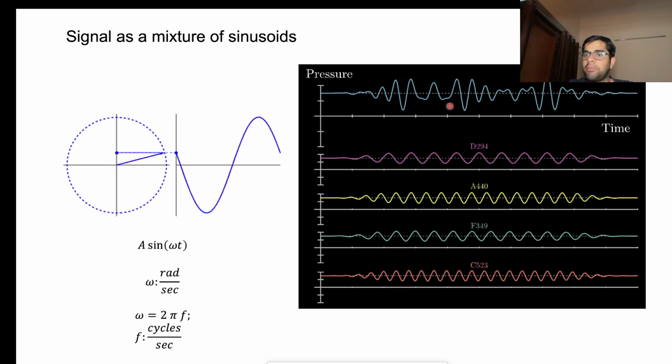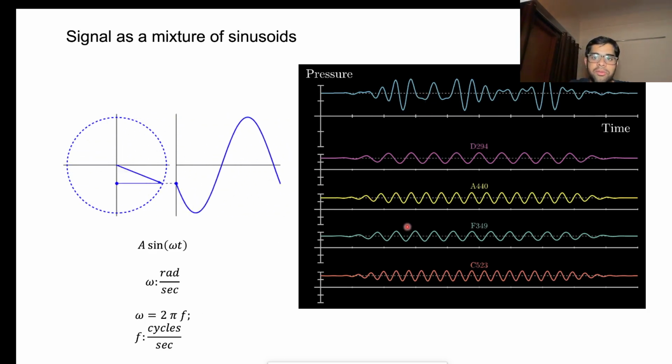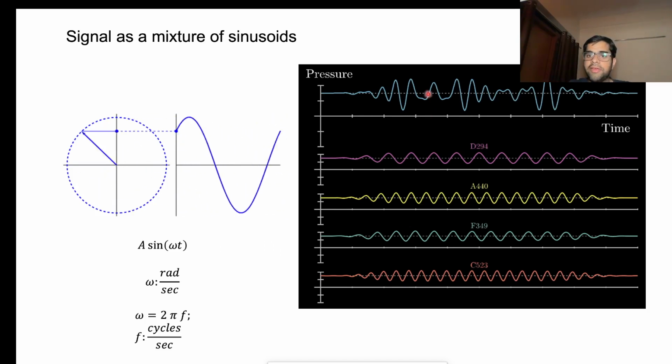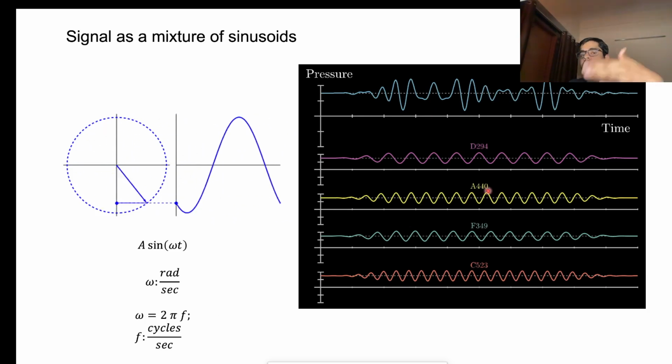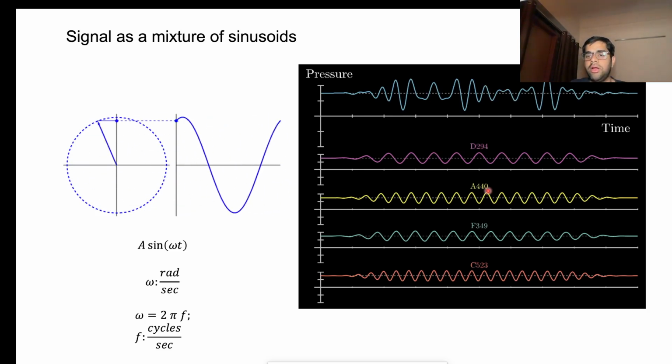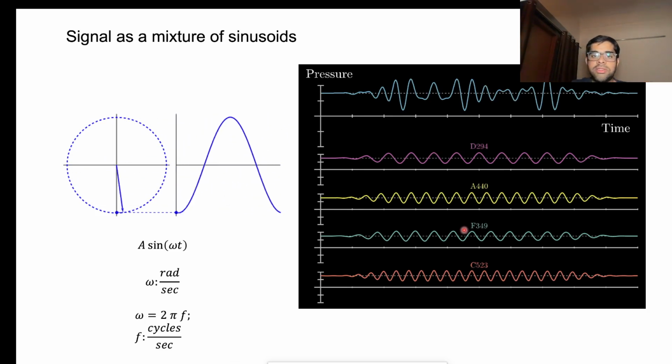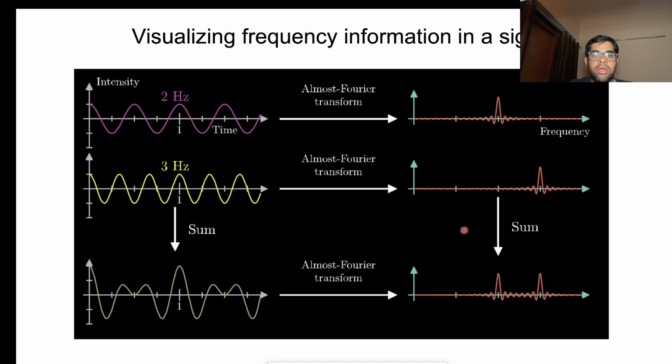So this type of decomposition is done by a mathematical technique called Fourier transform, where you give a signal and you split it into its component sinusoids or monotonic oscillations. So now how do we visualize? For now we are not dealing with the mathematical technique, but you just remember it's called a Fourier transform.